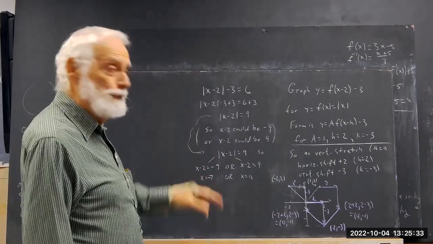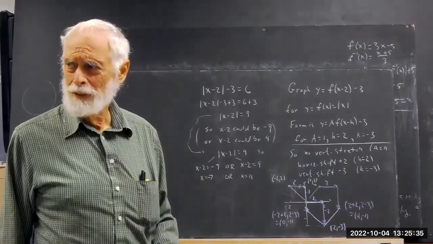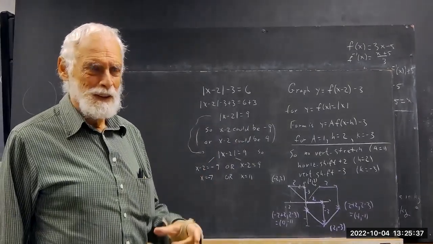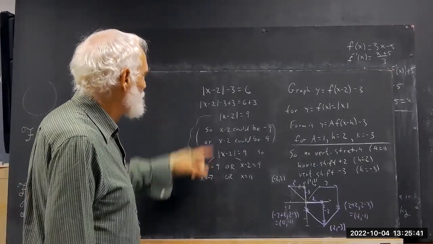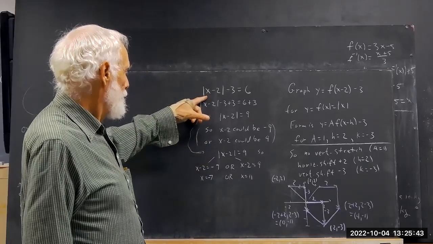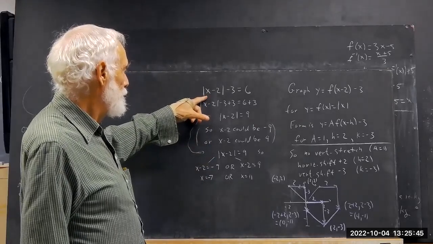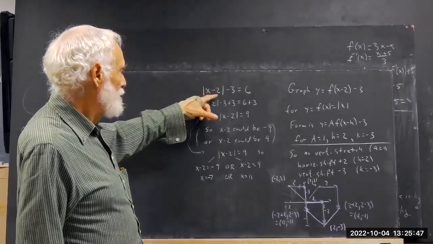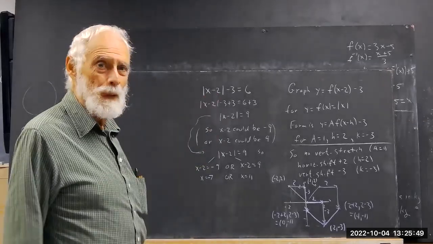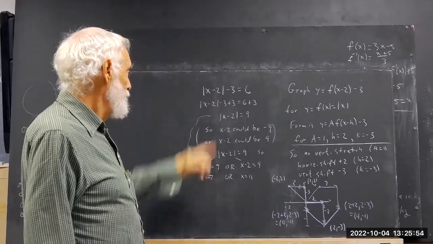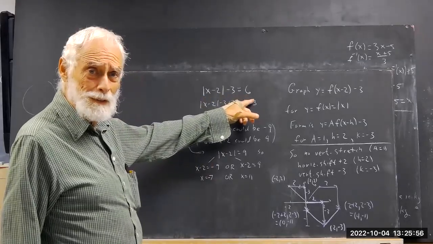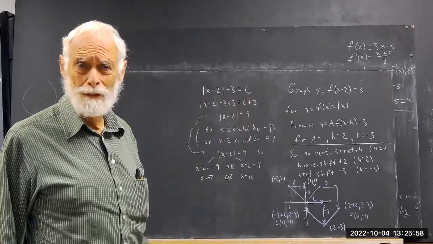Okay. What we're going to check. Now, I let myself keep it as 7, so I could keep pretending to make the mistake. You plug 7 in here. What's the absolute value of 7 minus 2? It's 5. Okay. And is 5 minus 3 equal to 6? It wouldn't work.